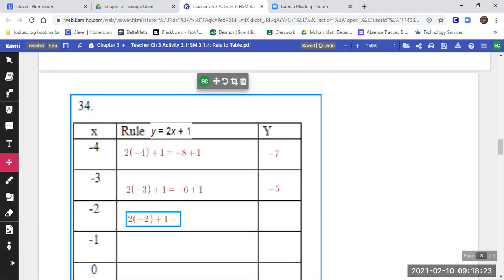Two times negative 2. Negative 4. And then we have to add 1 back. So what do we get?